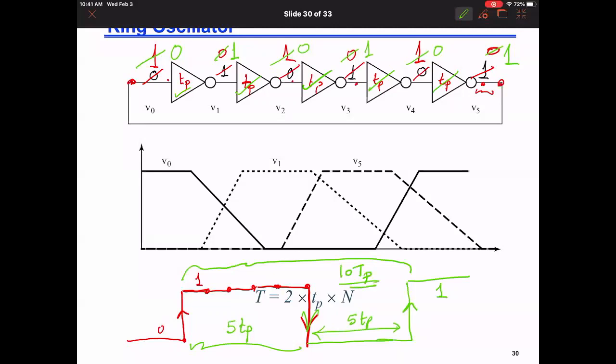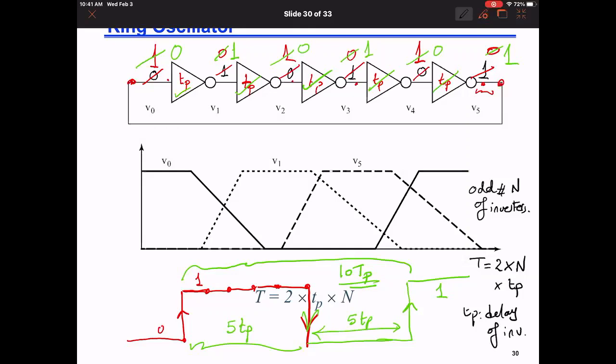So really the basics of the ring oscillator is that I need to have an odd number of inverters, right? And the period T is going to be equal to 2 times the number of inverters times the delay of the single inverter.